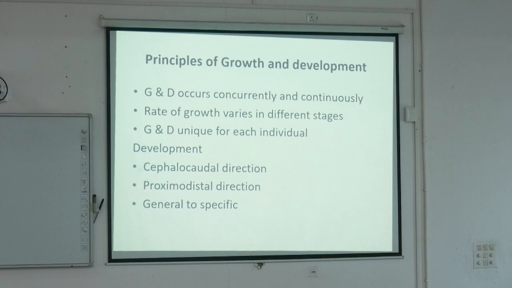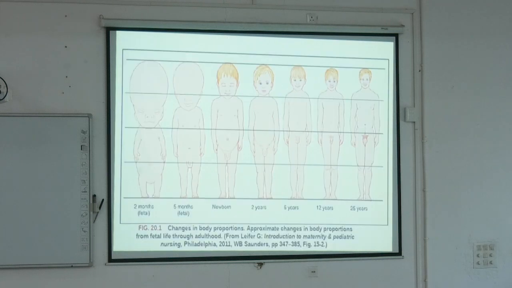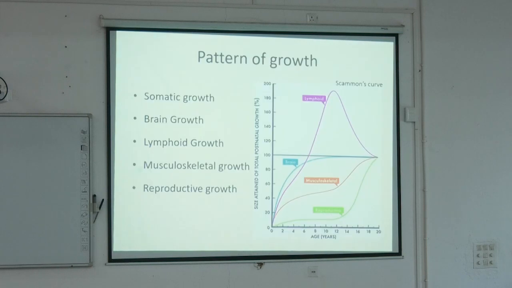Principles, clear? What is cephalocaudal? Head to toe. Proximodistal, from the center, from the midline to the periphery. Body proportion, clear? Pattern of growth, clear? What is the peak time of brain growth?